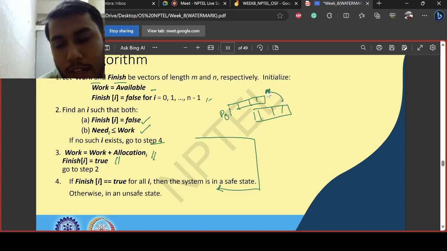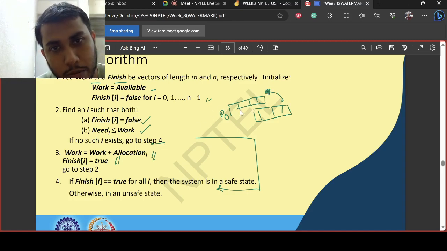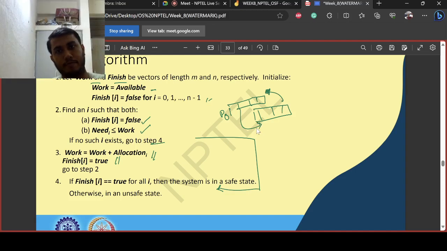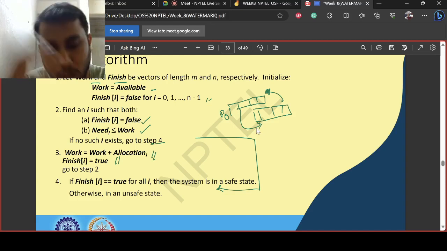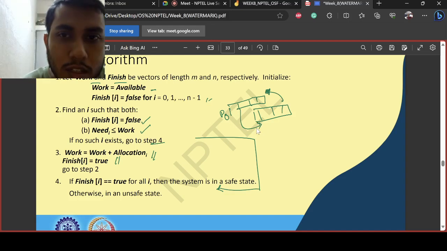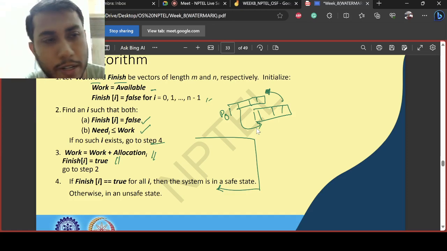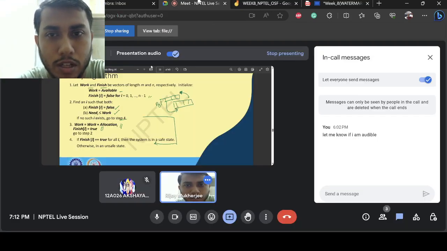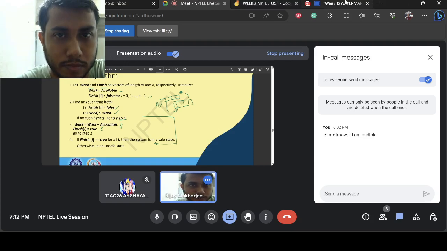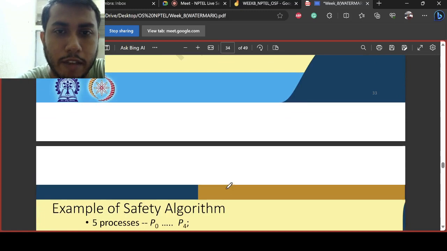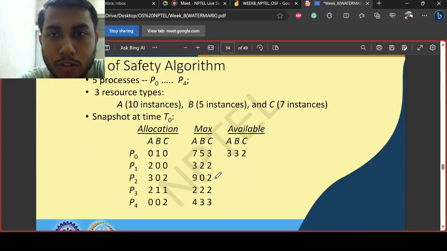If it is able to cover all its claim, then we say that this is done, and we add the work to this allocation, and then we mark it as completed. That is how it gets done. Bear with me; if there is confusion arising, I will give an example to solve it.